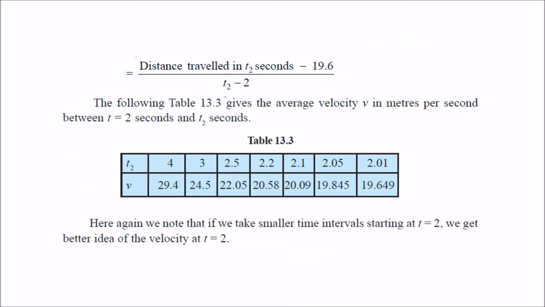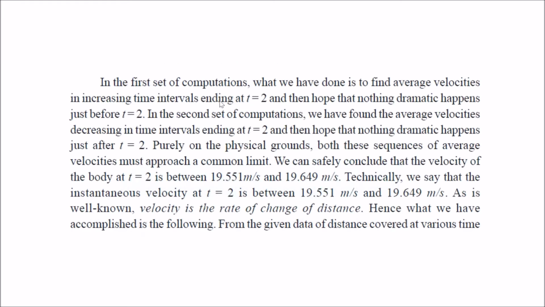We are talking about the values when the time is changing like this. Okay, 4 to 3 it's a considerable change, but when we say 2.05 to 2.1 or 2.05 to 2.01, there is no dramatic change. There is still change, but not a dramatic change, right?